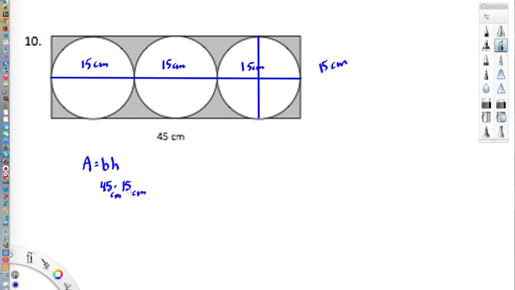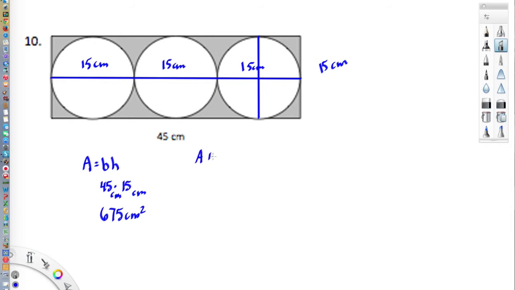So when I take 45 and multiply it by 15, that's going to give me 675 centimeters squared. Now that's the area of this whole rectangle, but we just want the shaded region. So I need to cut out each of these circles. If I can find the area of one circle, I can multiply it by 3 because these 3 circles are the same, then I can subtract that from the rectangle.